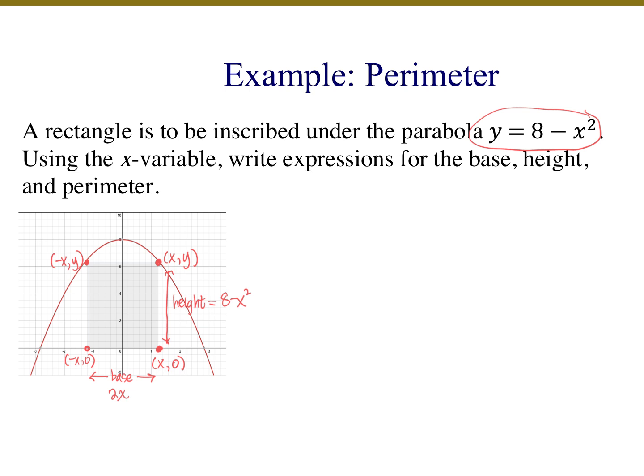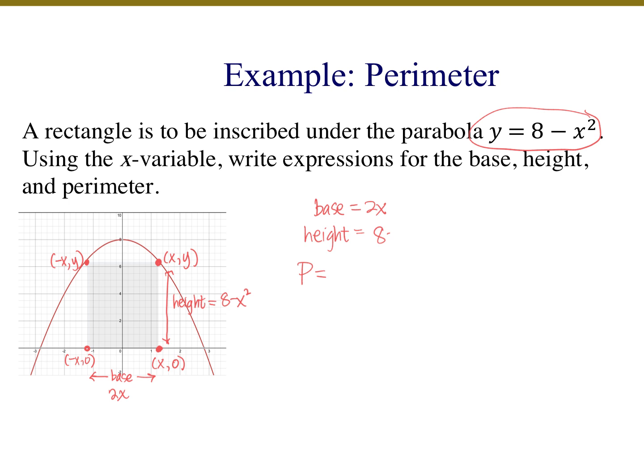All right, so using the x variable, write expressions for the base, height, and perimeter. So we know that the base is 2x. We know that the height is 8 minus x squared, not 2x.